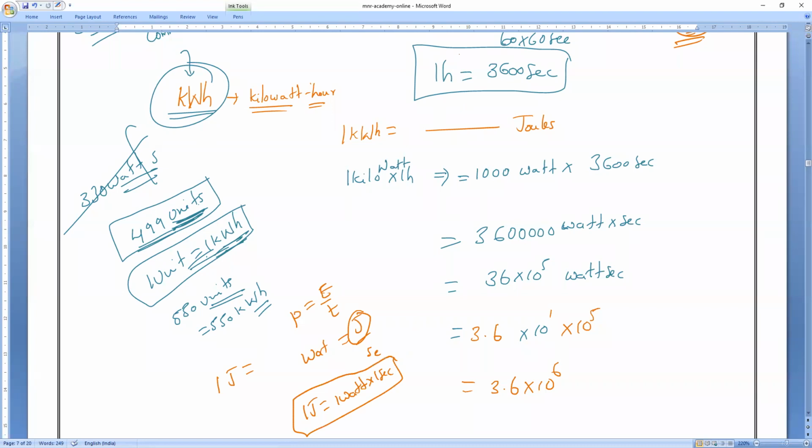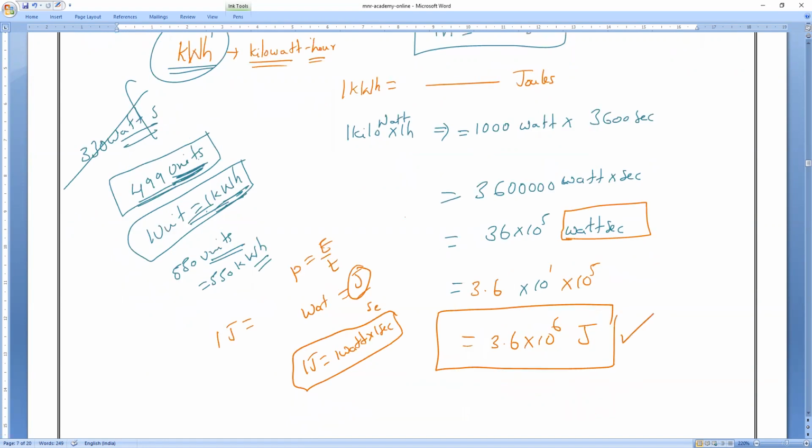So in place of watt second, what can I replace? Joules. So 1 kilowatt hour means how many joules? Everybody speak. Keep it in mind, small k, capital W.